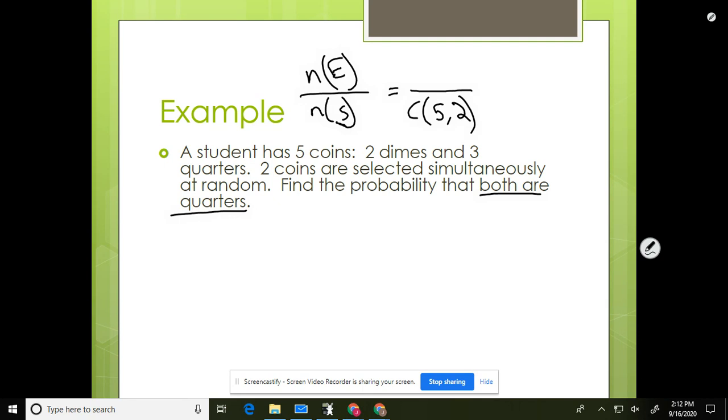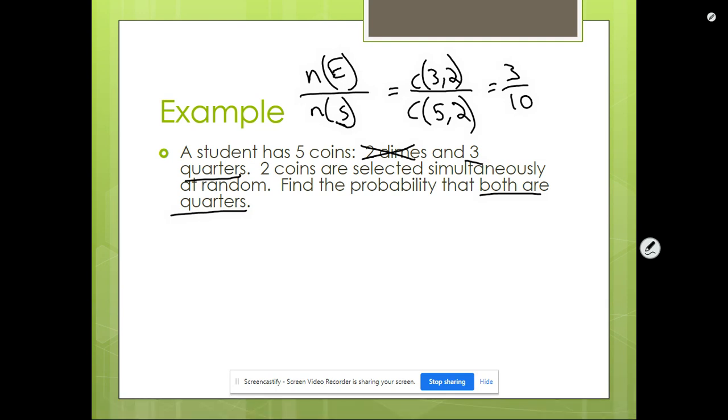So I don't care about dimes now; disregard dimes. I have 3 quarters, and I need to choose 2 of those, C(3,2). That's my numerator, and that's it. We would just calculate that, so that ends up being 3 over 10. So 30% chance. You can leave it as 3 out of 10.